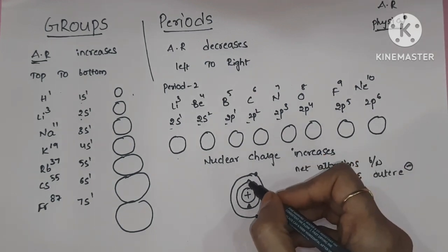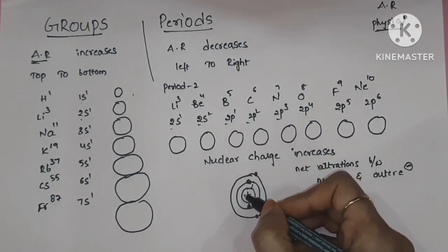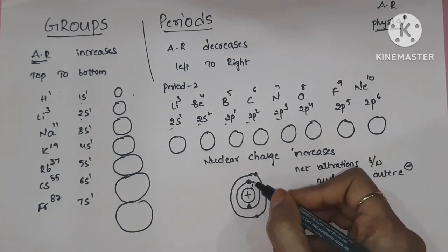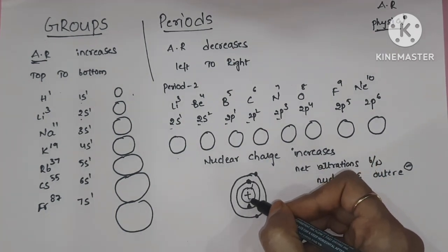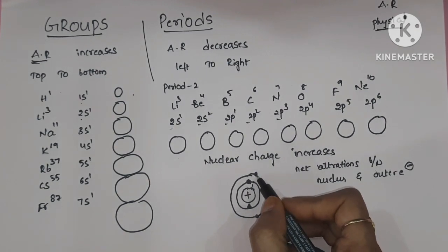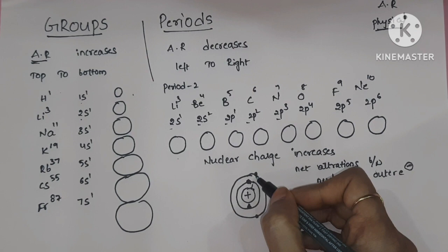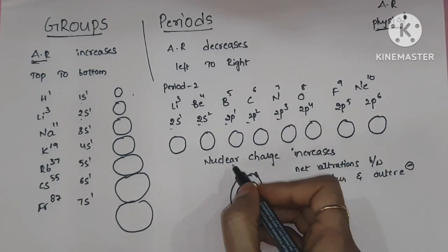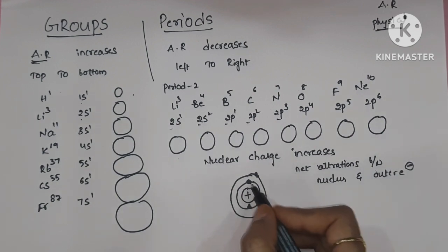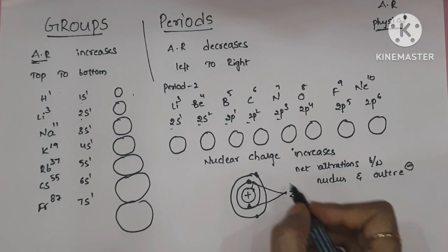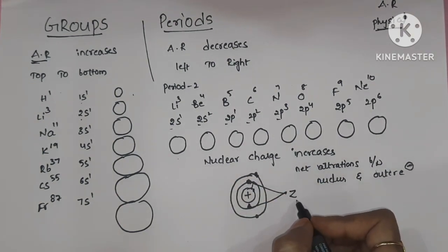The outer electrons cannot feel the complete attraction of the nucleus. This reduces the attraction between the nucleus and outer electrons. Nuclear charge is denoted by Z.